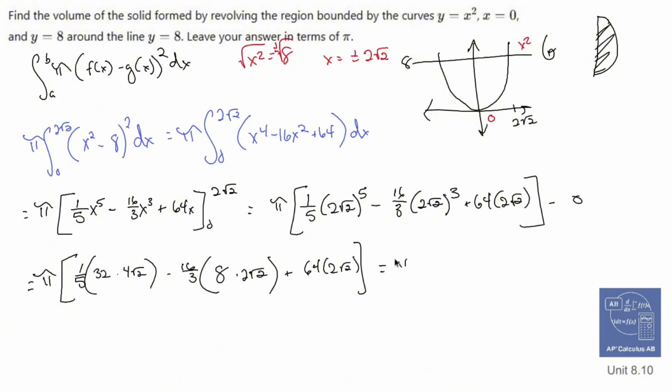So this becomes pi times 1/5 times 128 root 2. Minus 16/3 times 16 root 2. Plus 64 times 2 root 2.